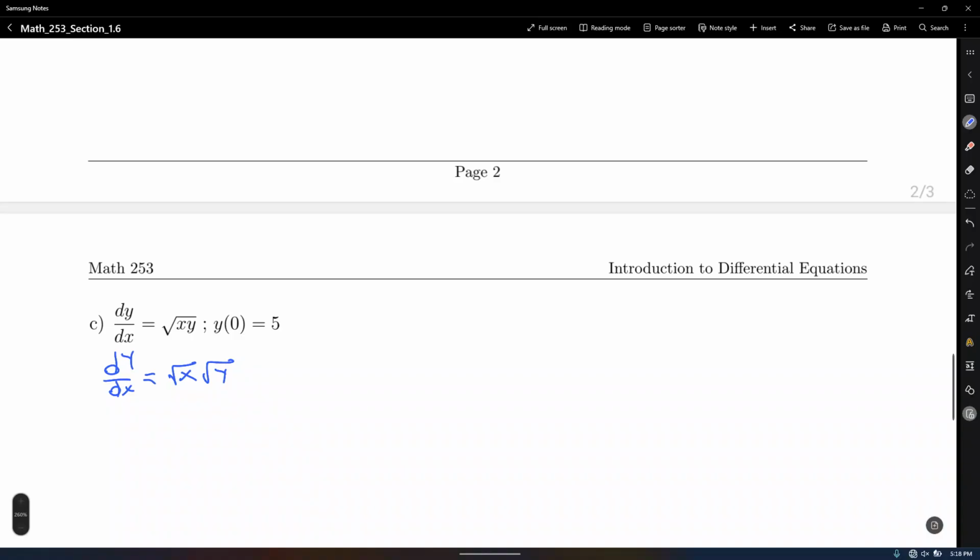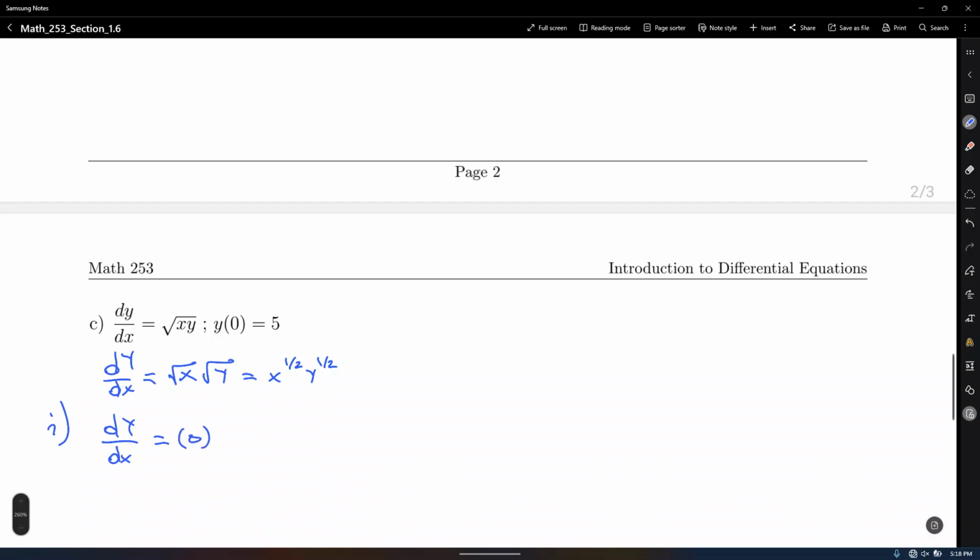So this will be equal to x to the 1/2, y to the 1/2. Let's see, letter I, if dy/dx is defined at 0.